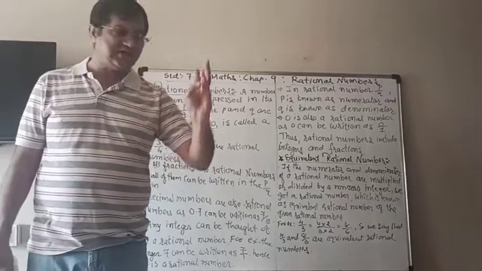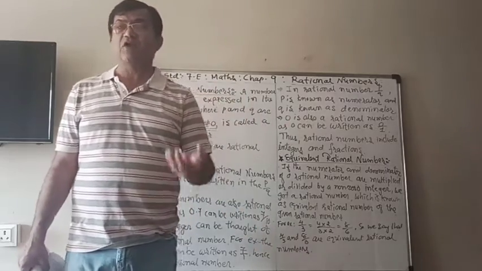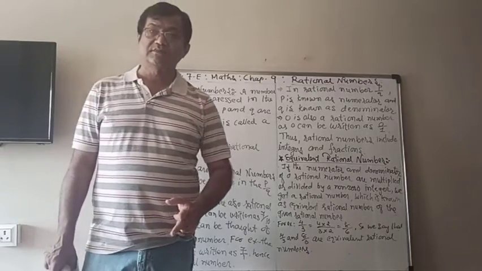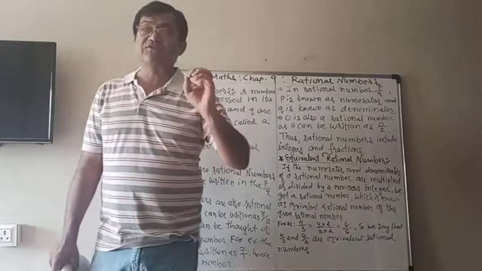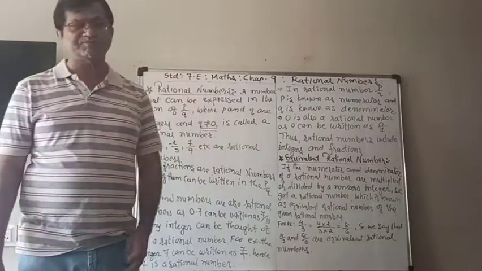So proper fractions, improper fractions, or mixed fractions, all can be converted in the form of P by Q. And it fulfills these conditions, and therefore all the fractional numbers are also rational numbers.